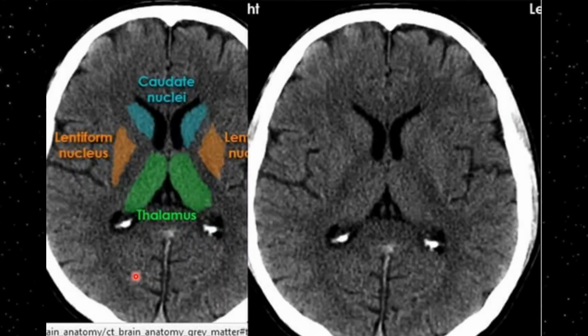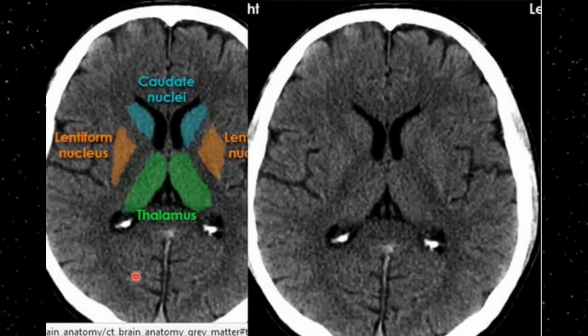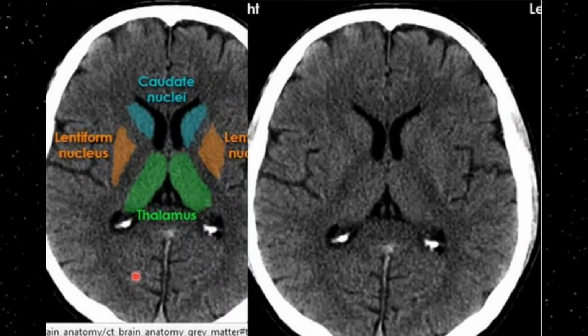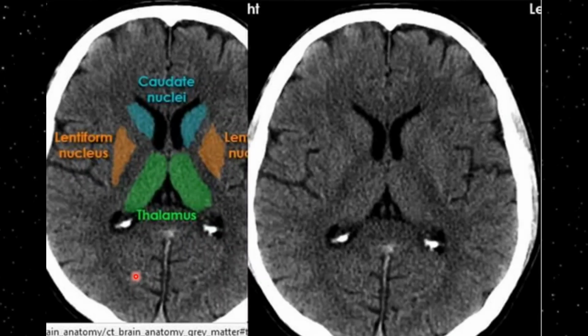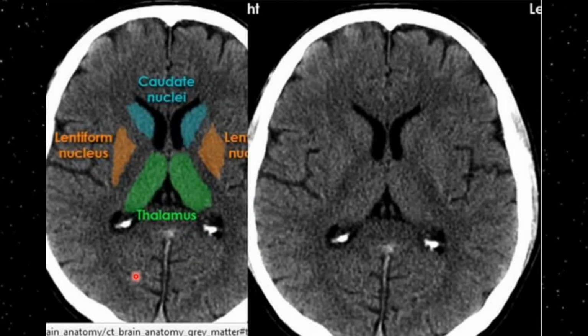This blue colored structure is the caudate nucleus, having its head, body and tail. On the most lateral aspect you can see this brownish one called the lentiform nucleus, because it looks like a lens, that's why it is called the lentiform nucleus.